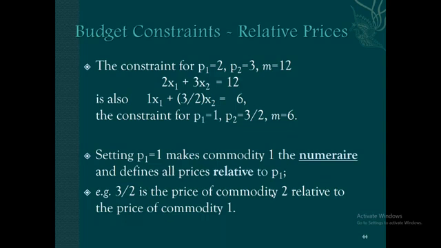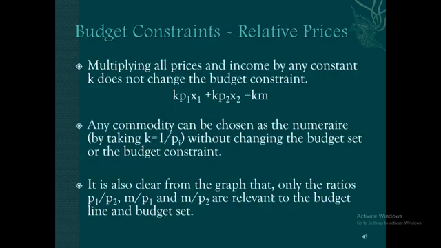The constraint for P1 equal to 1, P2 equal to 3 by 2 and M equal to 6 is also a kind of mechanism which one can understand. Setting P1 equal to 1 makes commodity 1 the numeraire and defines all prices relative to P1. In that case, 3 by 2 is the price of commodity 2 relative to the price of commodity 1. So this is one proportion which you can immediately draw from this understanding.